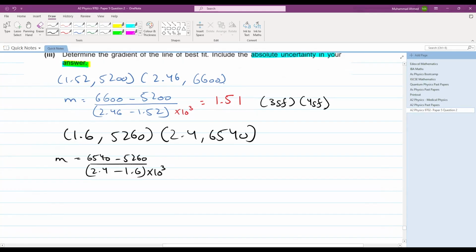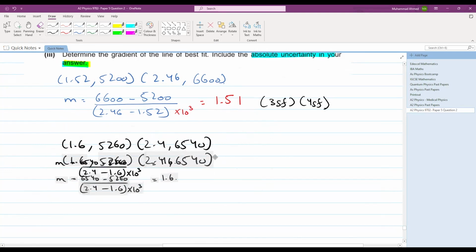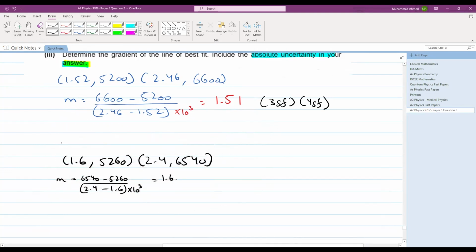Let's calculate this answer. 6540 minus 5260 divided by 2.4 minus 1.6 whole multiplied by 10 to the power of 3. This answer comes out to be 1.6. Now let's start labeling things. This is the gradient of the worst acceptable line.